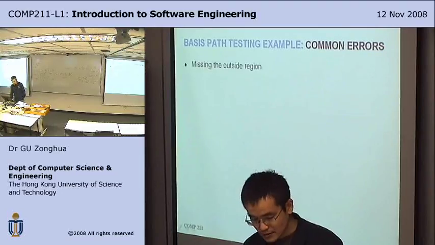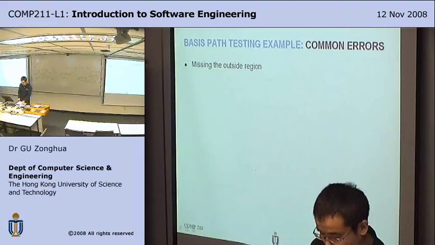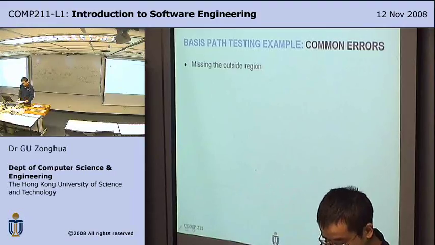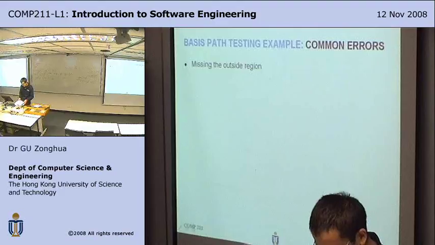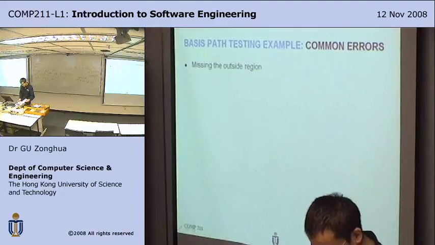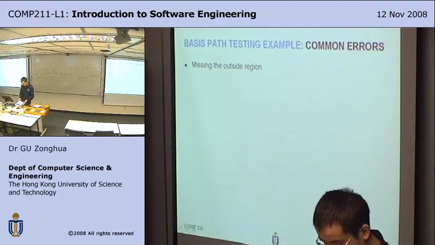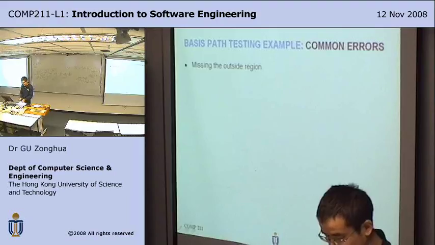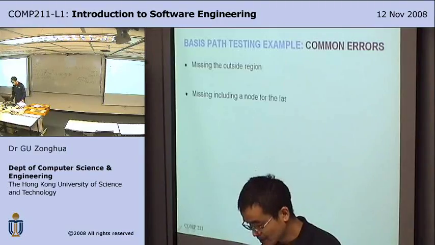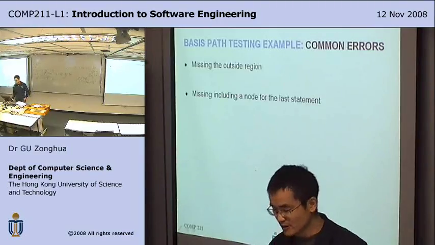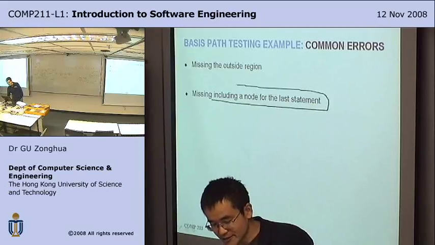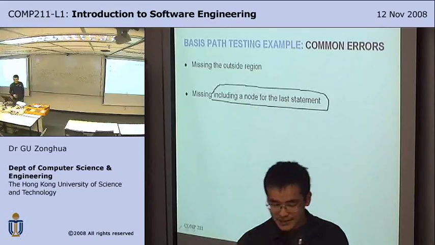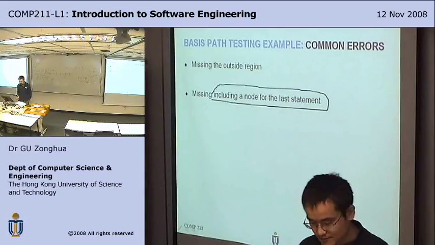So common errors are missing the outside region. When you count the number of regions to calculate cyclomatic complexity, you should always remember there's an outside region. Missing a node for the last statement. So that's what I said. If you have the last statement as end if, you should put it in there.